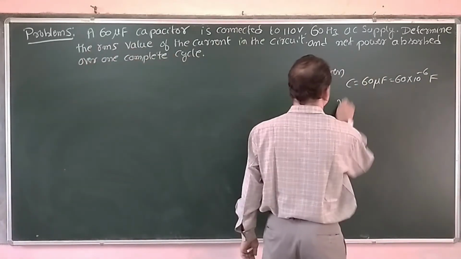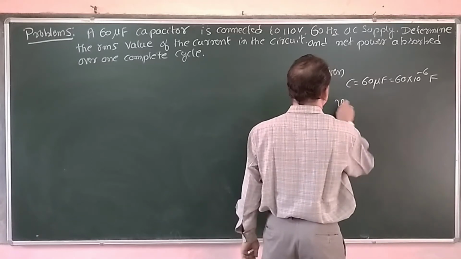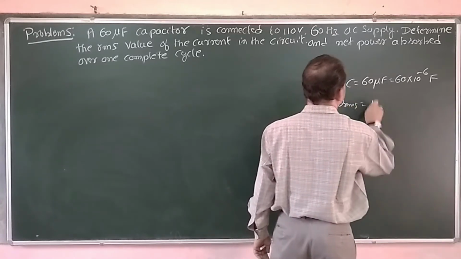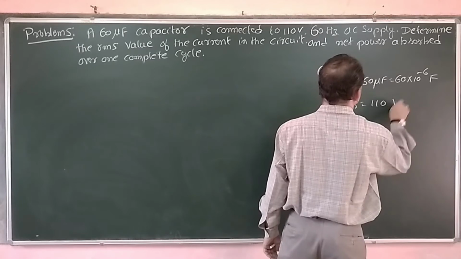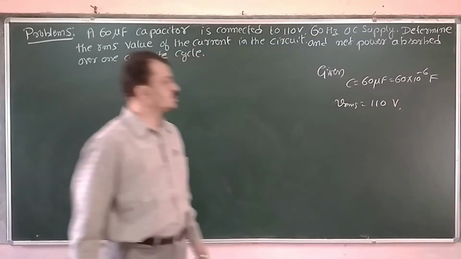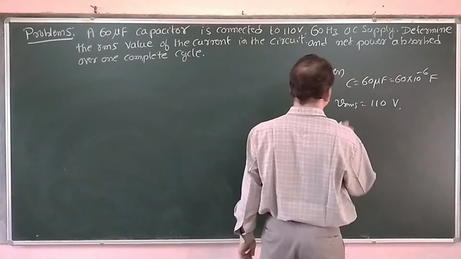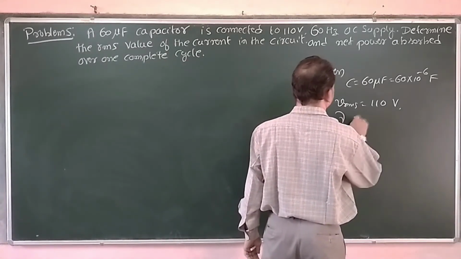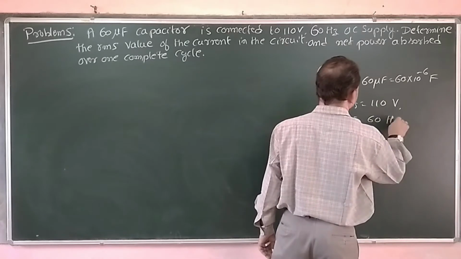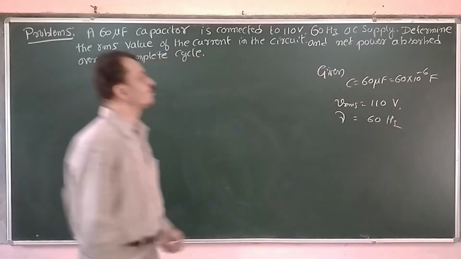Voltage, RMS value of the voltage, VRMS, here it is 110 volts, which is used in Western countries. They are using 110 volts and 60 hertz frequency. The frequency is 60 hertz.